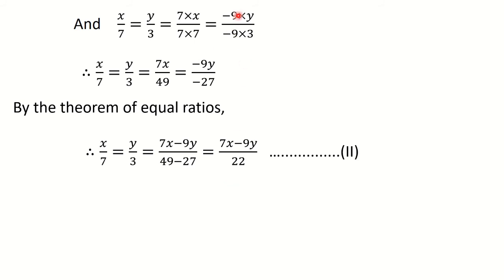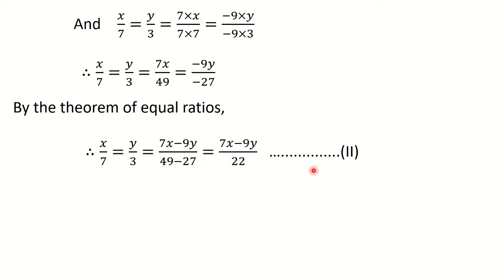So even if you multiplied by plus 9 here, then also you can write the minus sign. It is not necessary that you multiply by minus 9 to write the minus sign. If you are getting positive terms here, then also you can write the minus sign. So 7x minus 9y upon 49 minus 27. So 49 minus 27 is 22.